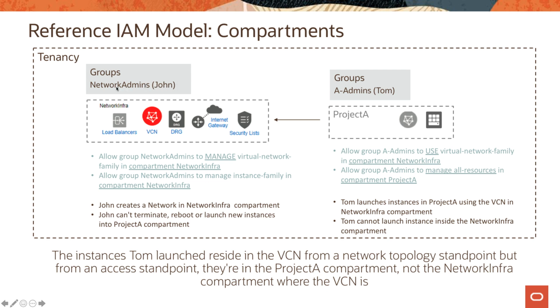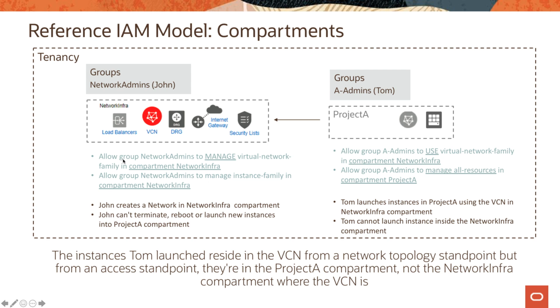John is a user in the group called network admins. There is another set of policies, or a policy document, attached to a group called A admins, and there is a user called Tom. So let's look at the policies real quick.